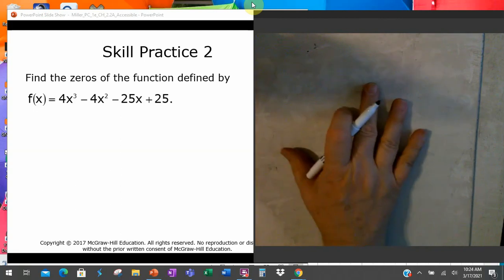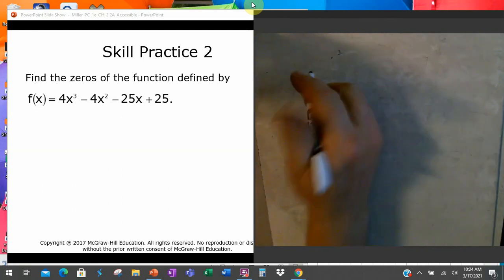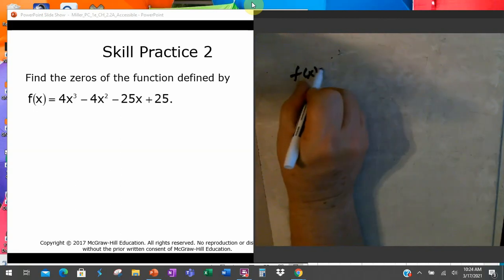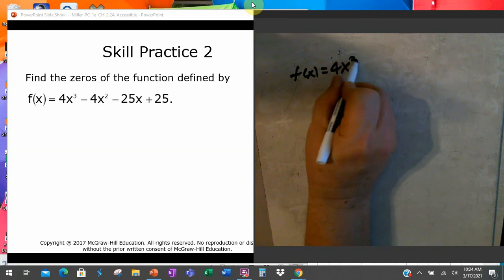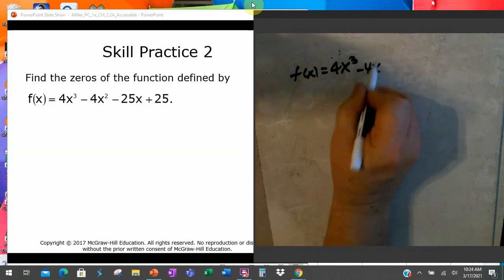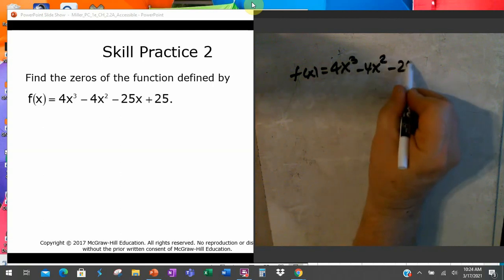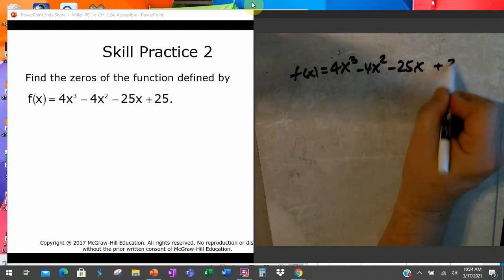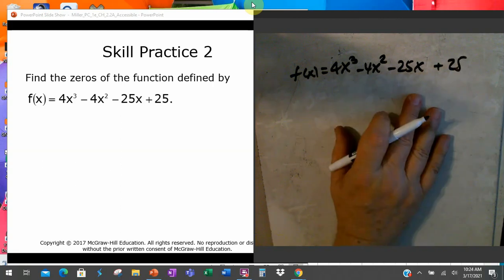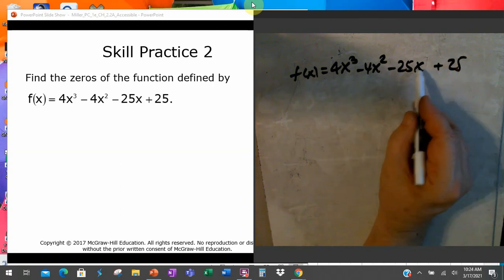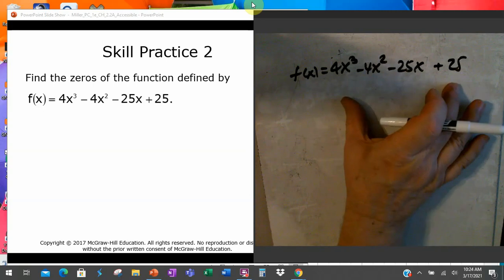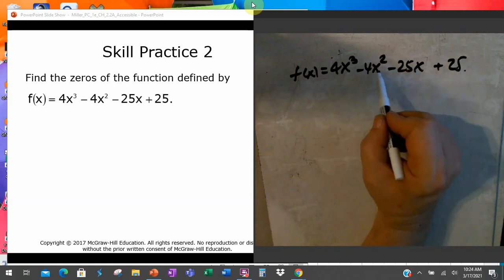So I've got, let me put this over a little bit. I've got f of x equals 4x cubed minus 4x squared minus 25x plus 25, and I would like to get this factored. The first thing I'm going to check for when I'm dealing with that big of a polynomial is, do I have x's in everything?